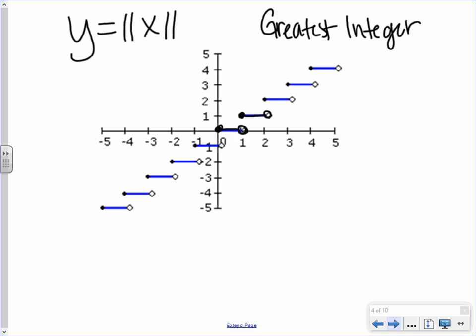A closed circle at (2, 2). An open circle at (3, 2). Okay, and those segments in between. What does this look like? Looks like stairs. You may hear people call this the stair function or the step function. Its name is the greatest integer function.